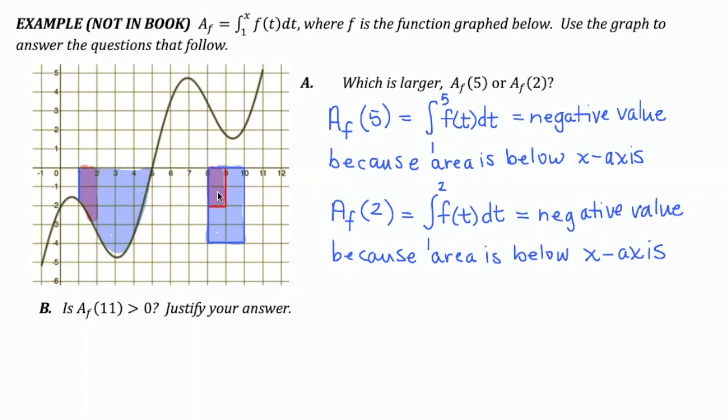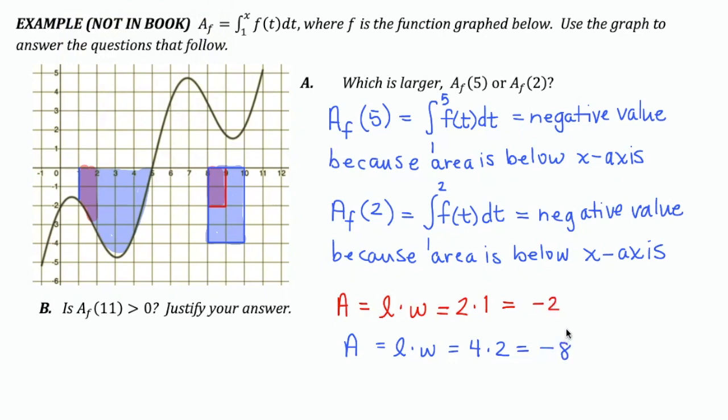The red rectangle has a length of 2 and a width of 1, and it's below the x-axis, so it's negative 2. The blue rectangle has a length of 4 and a width of 2, and it's below the x-axis. You can see I put negative signs on both of these.